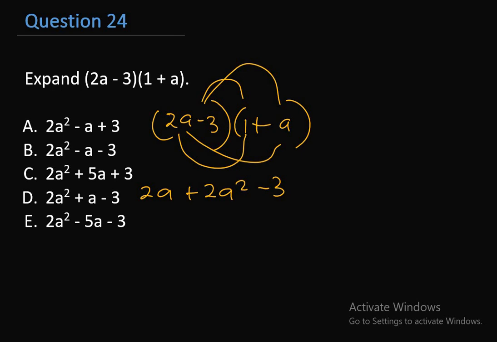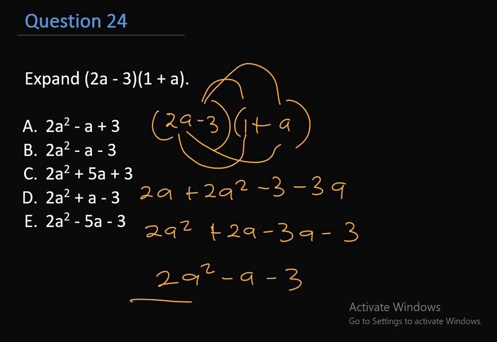Minus 3 times plus a will give me minus 3a. Rearrange this. You have 2a squared plus 2a minus 3a minus 3. So 2a squared plus 2a minus 3a will give me minus a, minus 3. This is the answer. 2a squared minus a minus 3 is B.